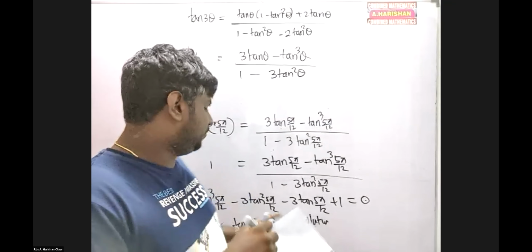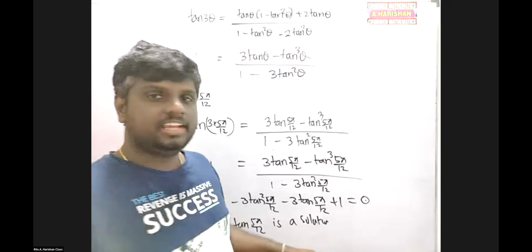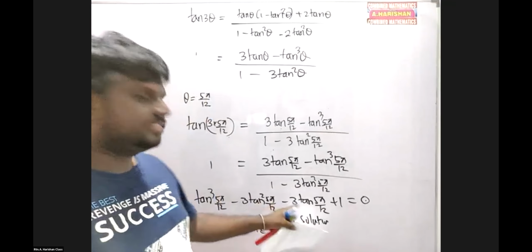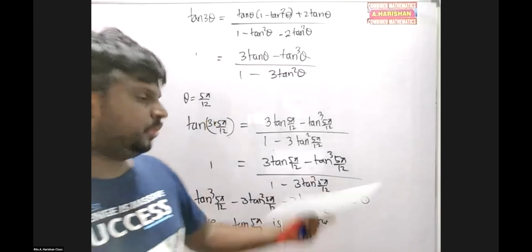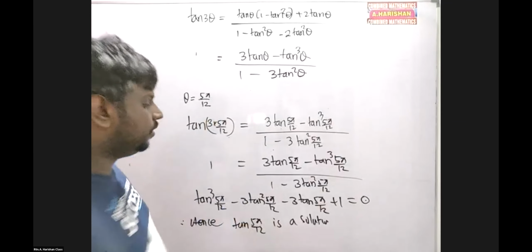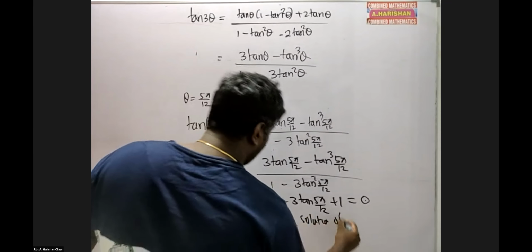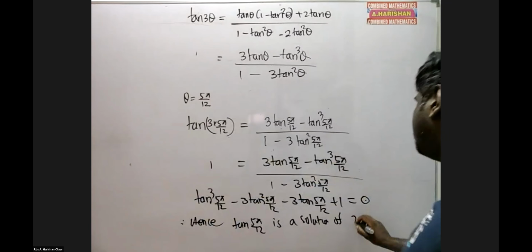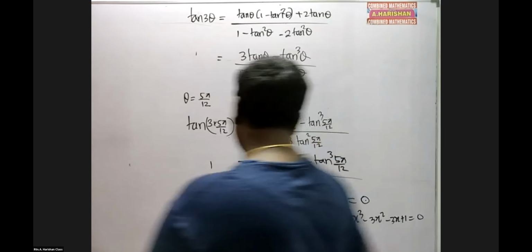We know that if x minus this is a factor, or x equals this, it will be a root of this equation. So according to that, it is a solution of x cubed minus 3x squared minus 3x plus 1 equals 0. So this form is created.